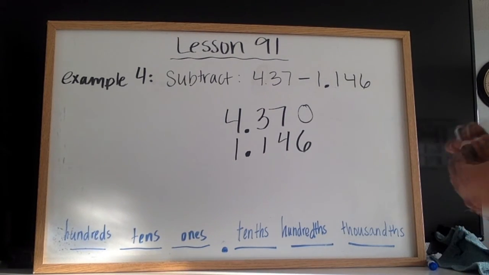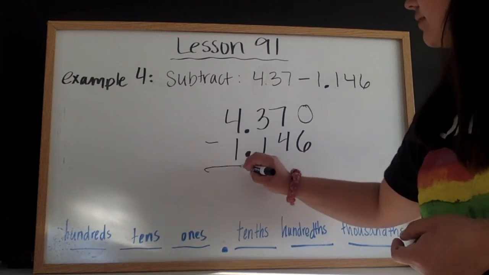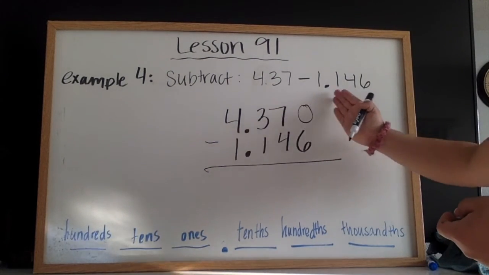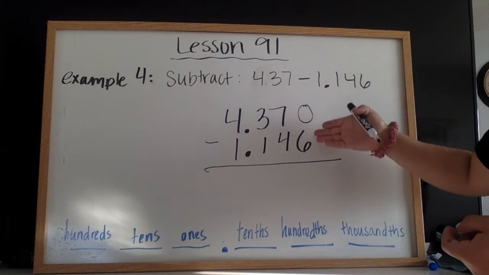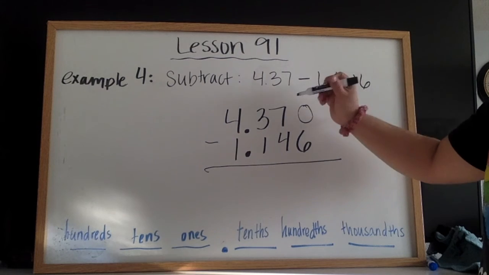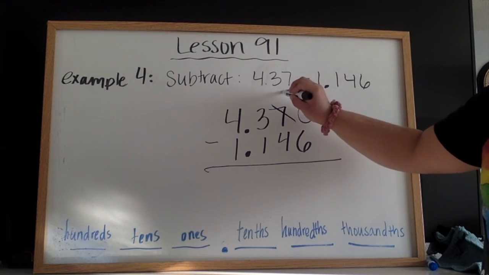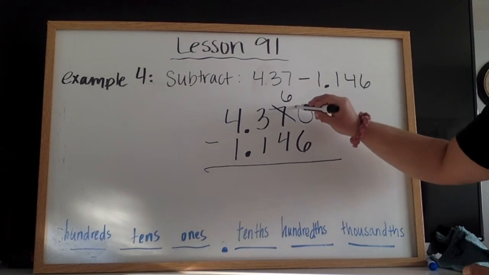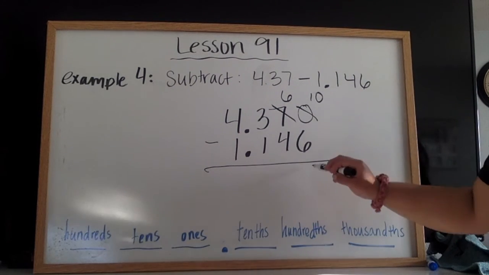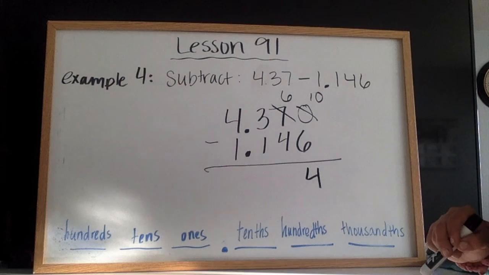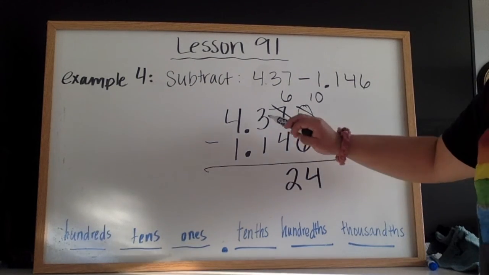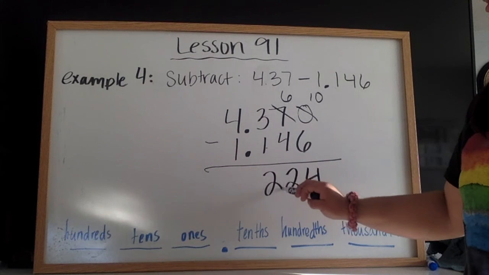Okay, now we're ready to subtract. Start over on the very far right. We're going to take 6 away from 0, which we can't do. So we're going to go over and borrow from the 7. The 7 becomes a 6. This 0 becomes a 10. Then we can take away 6 from 10. We get 4. Then we do 6 minus 4, which is 2. 3 minus 1 is 2.